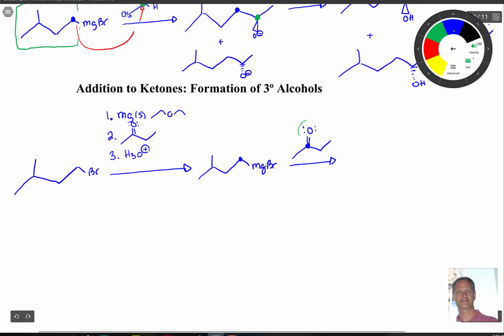And that has 1, 2, 3 groups on it, and then this guy right here is going to be the 4th group. So there's 4 different groups there. So this carbon right here is going to become a chiral center. See if you can follow the way that I'm going to write this out. So 1, 2, 3 up here. That carbon is the one that I highlighted as being just blue right here. It's going to come down and make a bond with the other carbon.